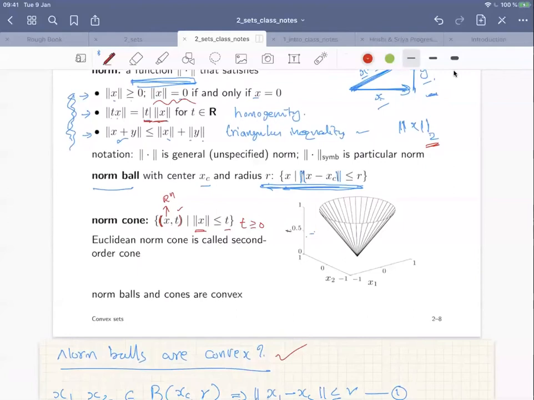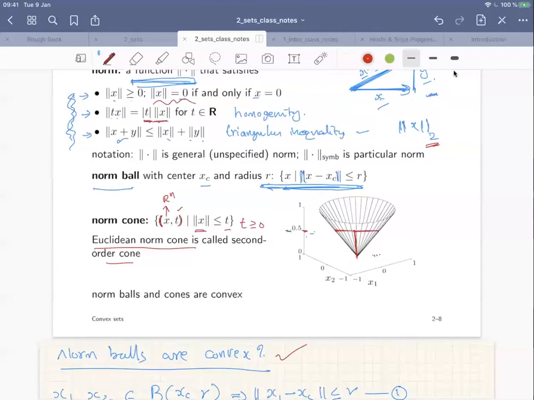So how does this norm cone look like? For example, here we are showing a Euclidean norm cone. So what you have to do is take a particular t, for example, t equal to 0.5 here, and then collect all the points. So this height is 0.5, and collect all the points which are less than or equal to 0.5.